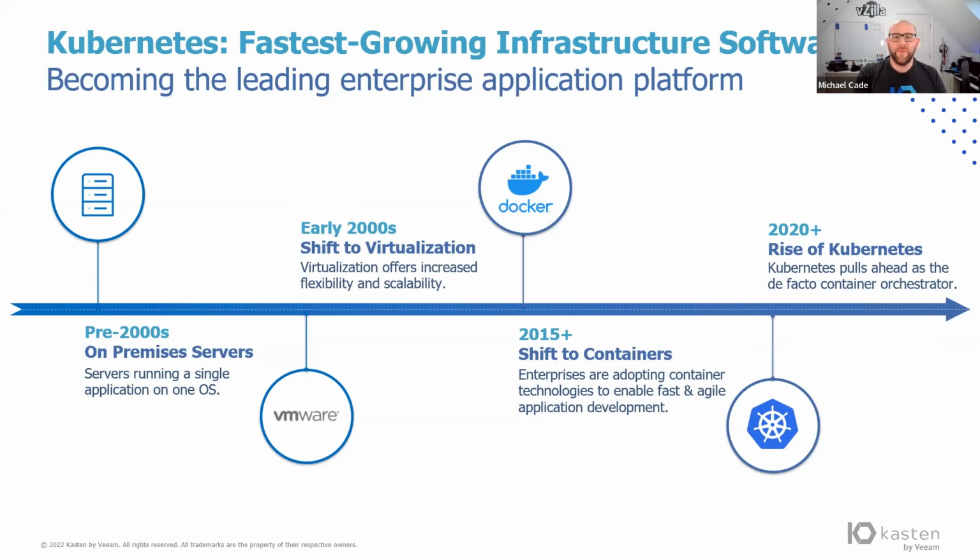It was the container image and the image libraries that we see today in Docker Hub, but also in other repositories out there. And then that spawned a requirement to be able to scale and have more control and orchestrate those containers within a platform such as Kubernetes.